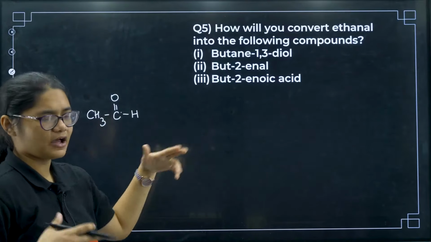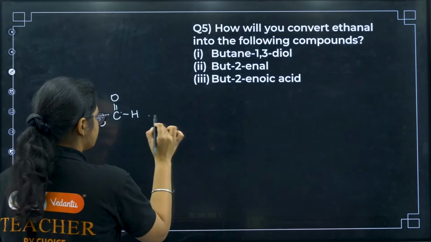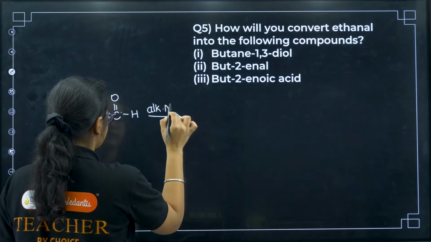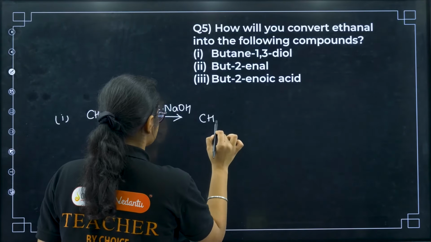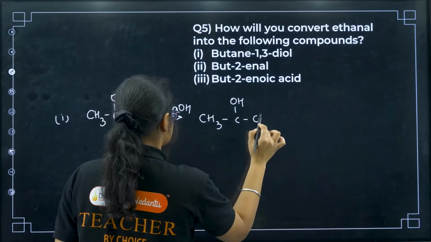You see the number of carbons has increased, so we will do aldol condensation with alkaline NaOH.